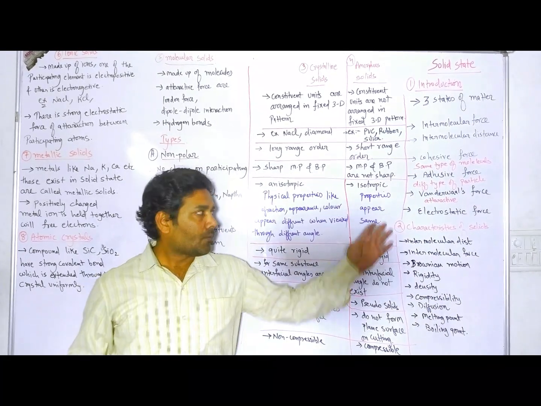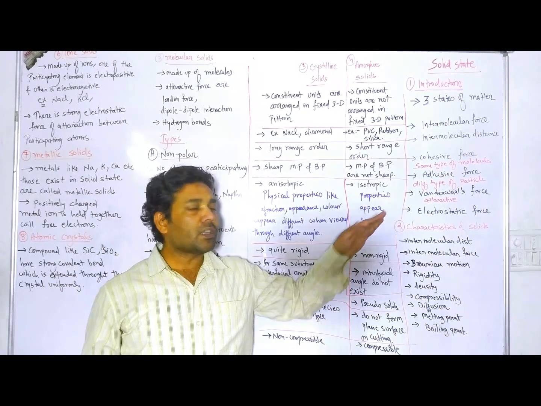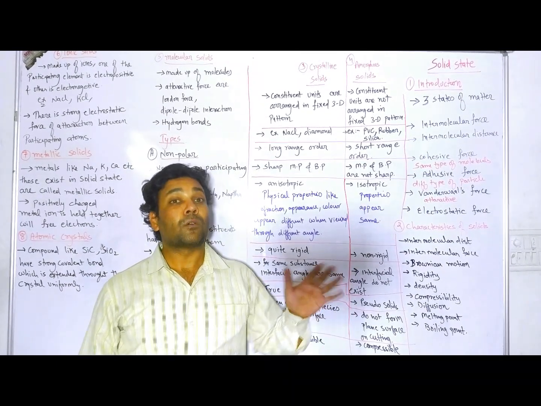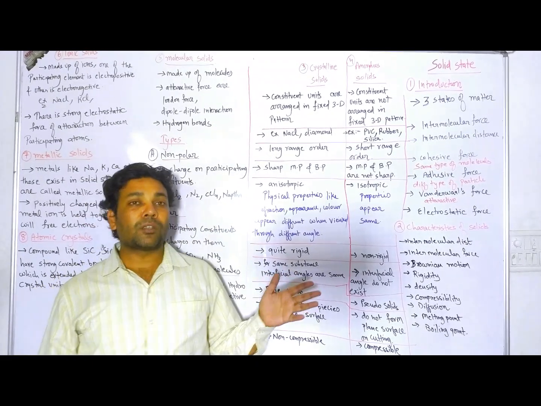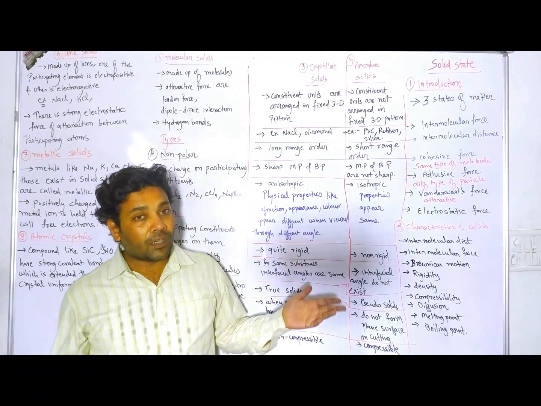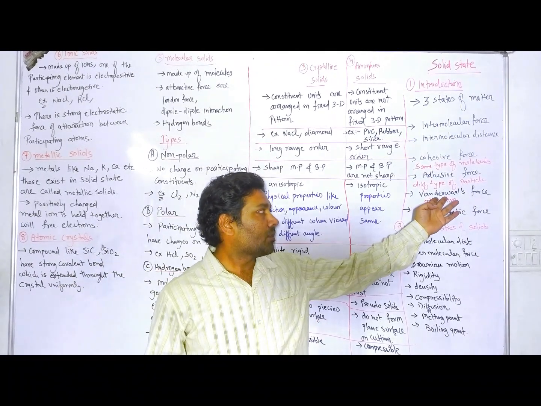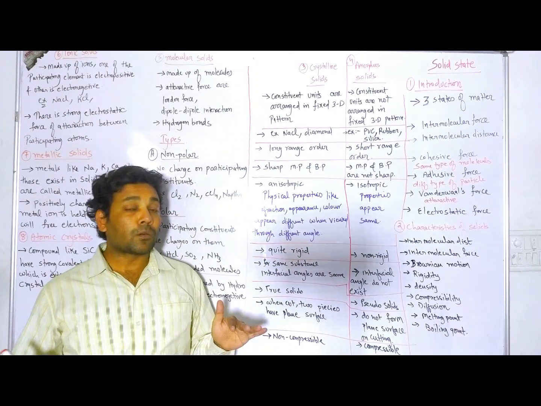Mostly this word is used with reference to the force of attraction between gaseous molecules, right? Gas molecules, we know, are very far apart, and the force of attraction is very weak. Such a weak force we call a Van der Waals force. It is a weak force between the participating molecules or the same type of molecules.